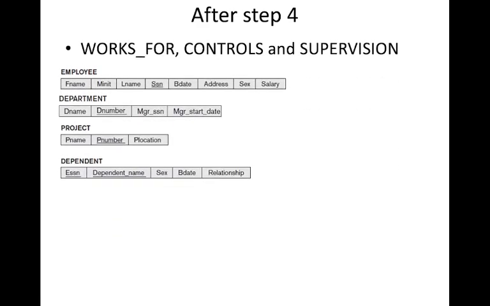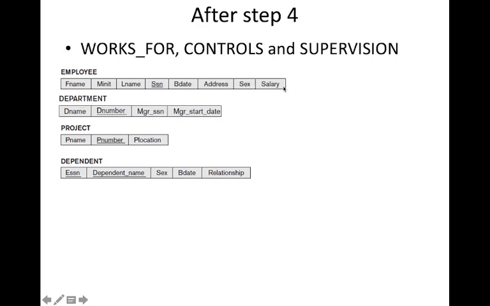So in this works for, this is the initial table. Works for is between employee and department. This will be the S part, and in this employee part we have to include an attribute. A foreign key should be included, and that foreign key should be the primary key of this department. The primary key of this department is D number.